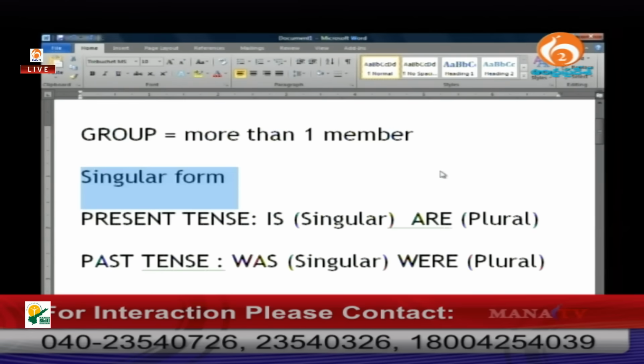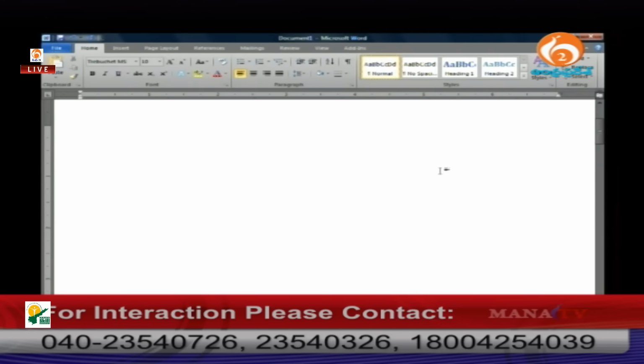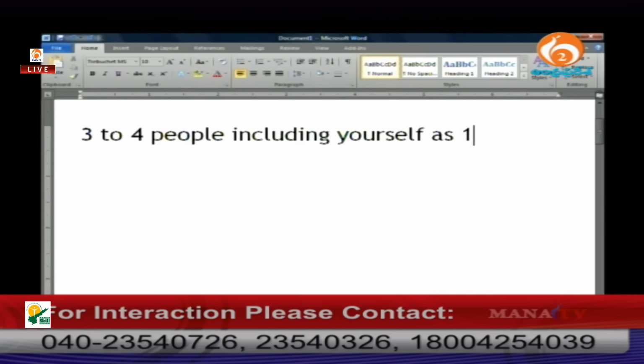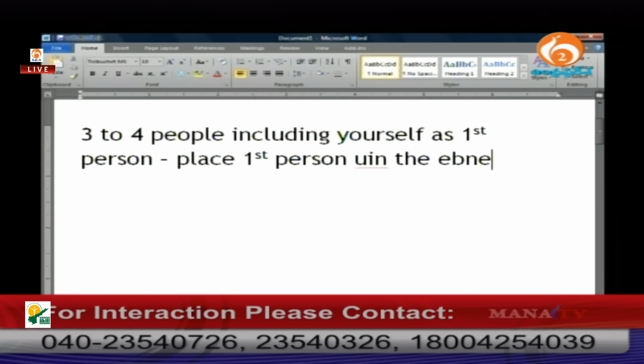This is pretty much like the form which I spoke about last time. In case you're talking about three or four people, including yourself as first person, place the first person at the end.